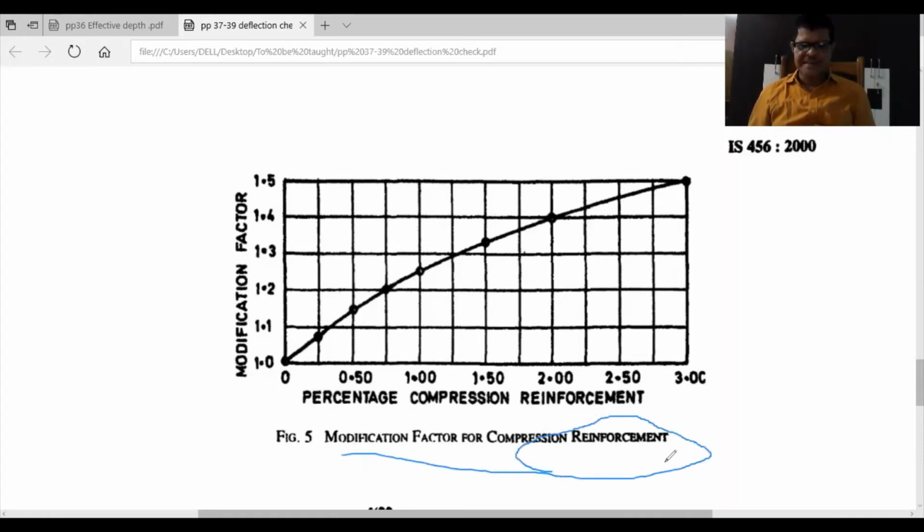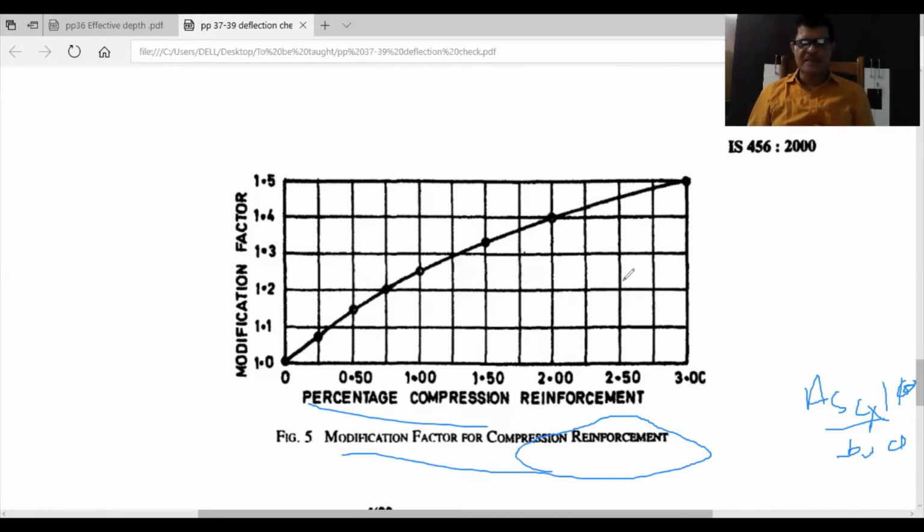So depending on ASC, the percentage of compression reinforcement, ASC by BW into D into 100. So calculate this value of PSC, the percentage of compression reinforcement, and find the modification factor. Now these factors are also more than 1. They go from 1 to 1.5.